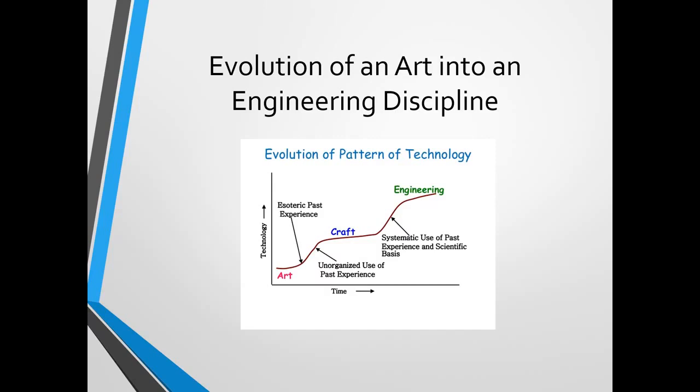The engineering approach is a systematic use of past experience and scientific basis. Craft is an unorganized use of past experience, and in the case of art, it is an esoteric past experience. So this evolution happens: at first there is art, then craft, then engineering.